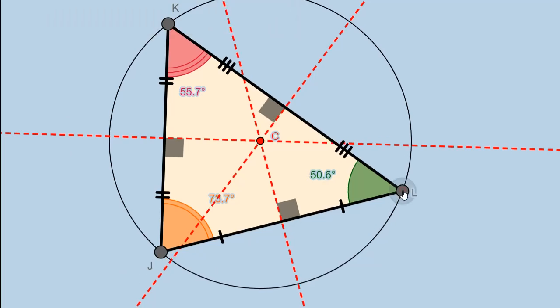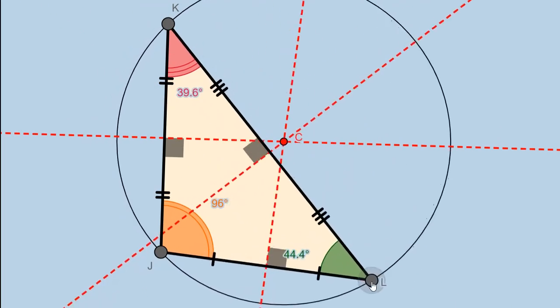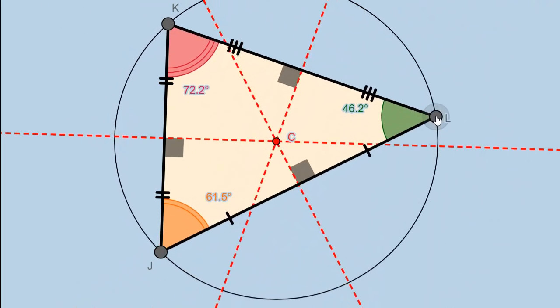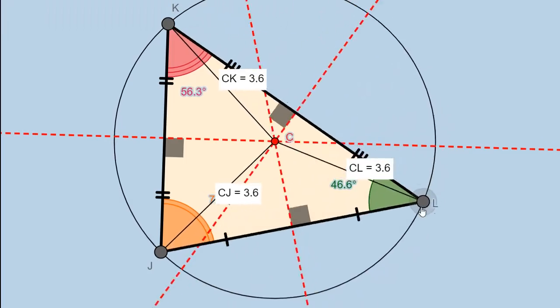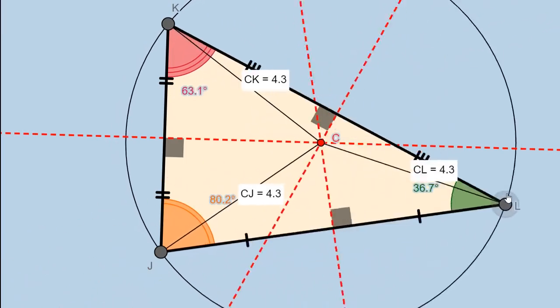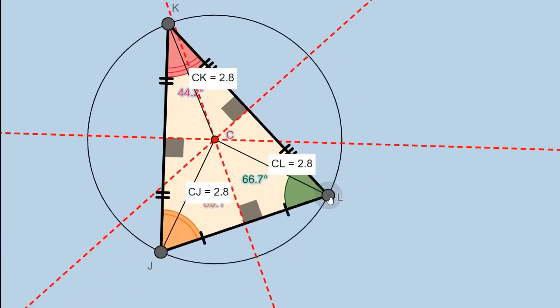If I make a circle on the outside, you'll notice that the circumcenter is the center of a circle that circumscribes. It goes around the circle. And then consequently, the circumcenter is equidistant to every vertex. Because it touches the corners of the circle, those are going to be radii, so each one of those distances are going to be the same.